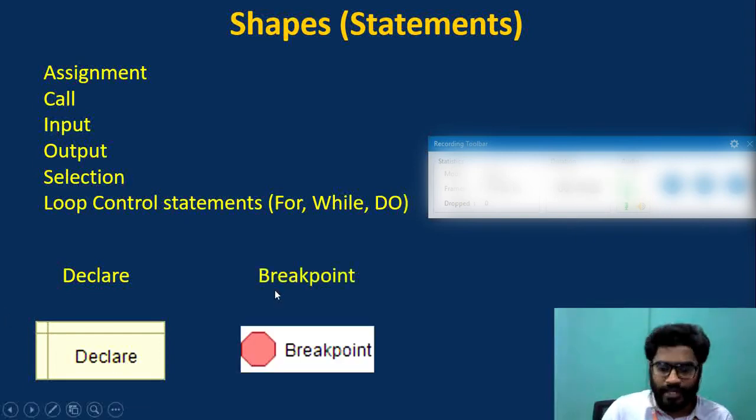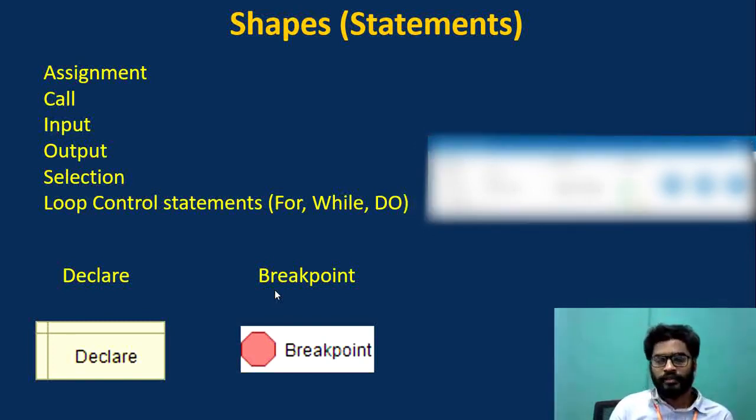The breakpoint is another shape provided by Flowgorithm. Assume you have 200 lines of statements in your algorithm, and you want to temporarily stop the execution of your program at the 100th line. After the 100th line, you can include a statement called a breakpoint.